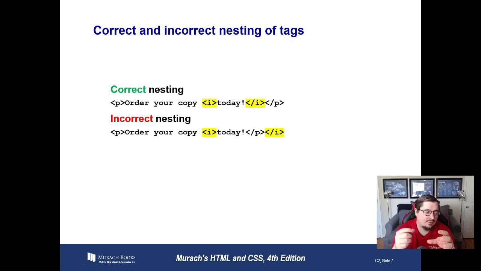If we were thinking of this in terms of a Venn diagram, the first example would be the paragraph tag with the I tag perfectly contained inside of it. Versus the second example, which would be like two overlapping rings, where you have the P tag and the I tag, but there's an overlap area in between them. Whereas this one is perfectly contained.